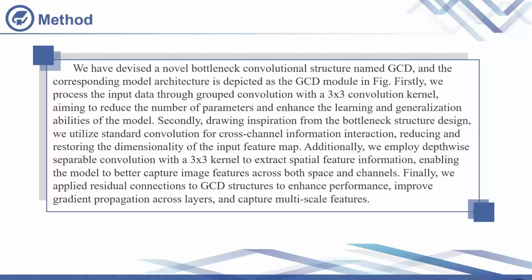Secondly, drawing inspiration from the bottleneck structure design, we utilize standard convolution for cross-channel information interaction, reducing and restoring the dimensionality of the input feature map. Additionally, we employ depth-wise separable convolution with a 3x3 kernel to extract spatial feature information, enabling the model to better capture image features across both space and channels.